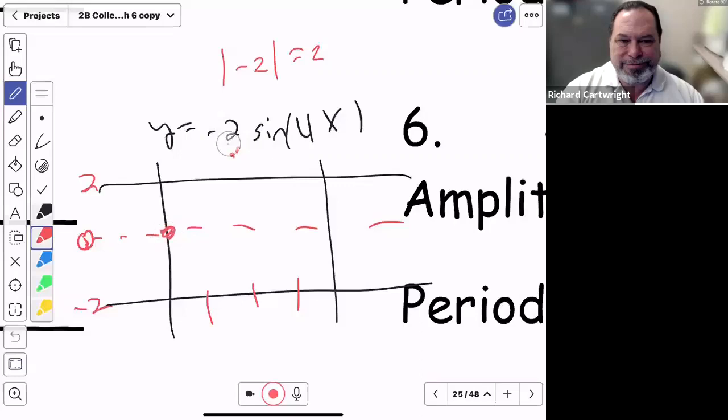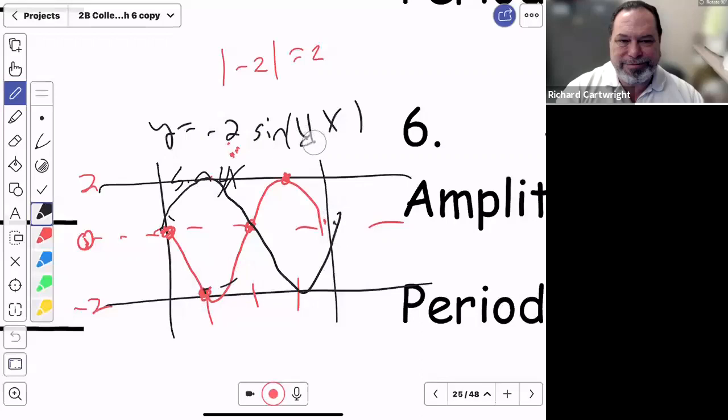But this time, instead of going up, it goes down because it has to flip. It had to flip. The original sine does this. That's the original sine of 4x. This one flips upside down.